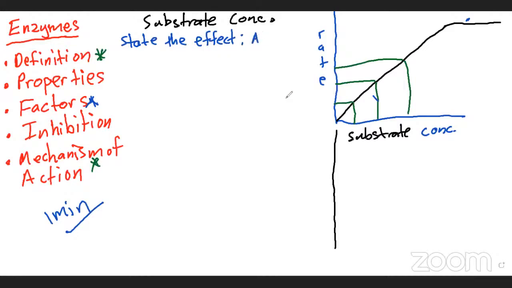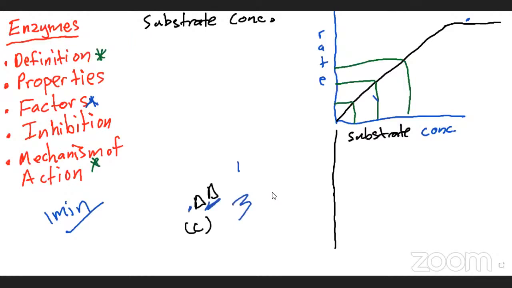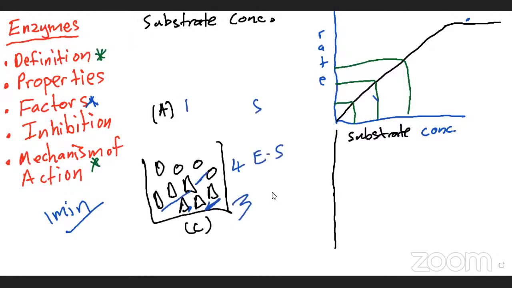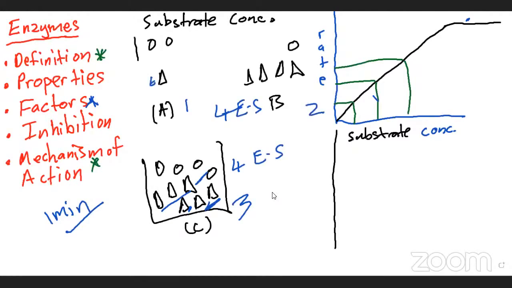Wait a minute. Sorry, just realized, I had it the other way around. Good thing I picked up. If we're doing substrate concentration, it is the enzyme that has to be constant.